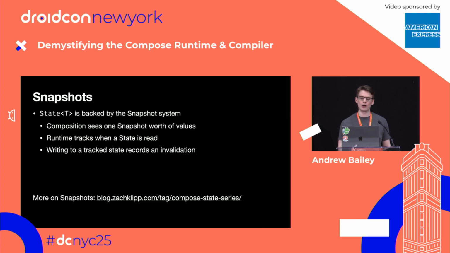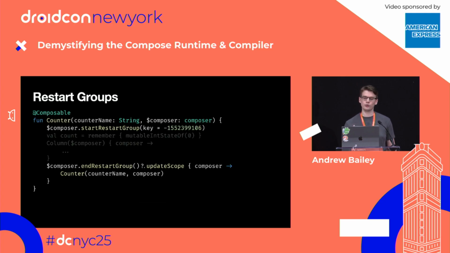This solves how we're going to invalidate part of the tree, but we need some way for Compose to call back into our content. And the way that we do that is with another type of group called a restart group. For all of your composable functions that are restartable, they will get a preamble and then a postamble that look like this. So we will create this start restart group function that indicates to the runtime that this is a composable that can be restarted.